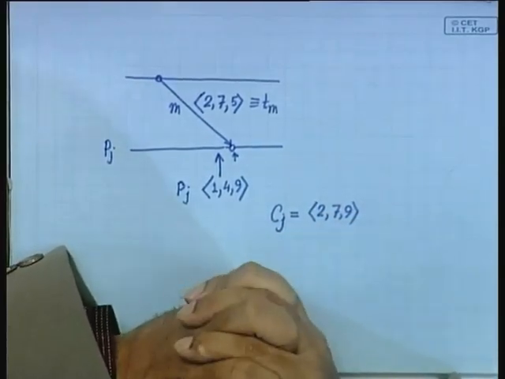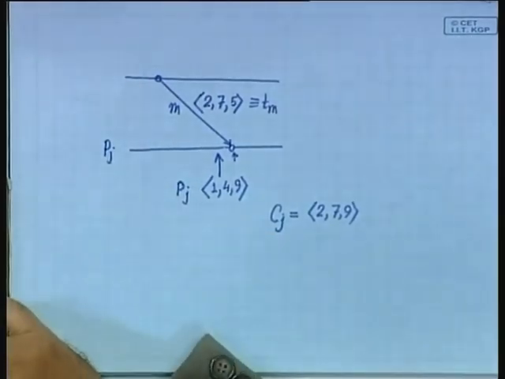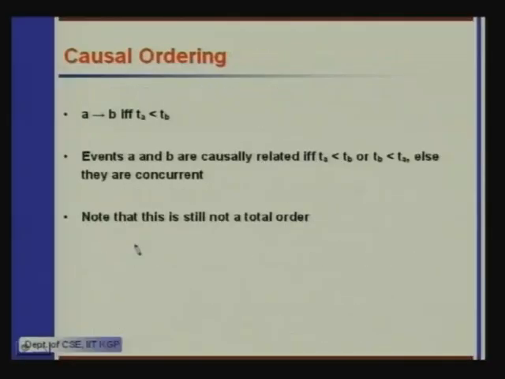Is that clear? Right. Now, with vector clocks we have the desired relationship that A happened before B if and only if Ta is less than Tb.